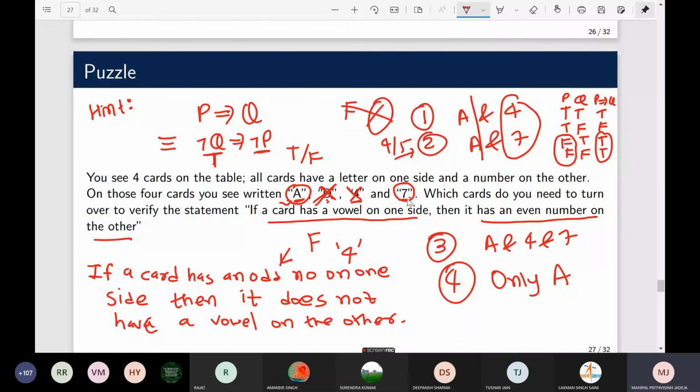Because whenever I am considering 7, I am considering the first 2 rows of my implication. In the first 2 rows, it depends on Q. If Q is true then it is true, if Q is false then it is false, right? So therefore, what I need to do is flip this particular card in order to verify whether this statement is correct or not.